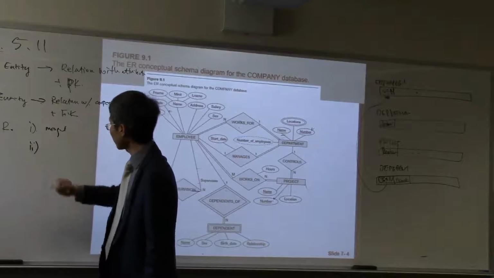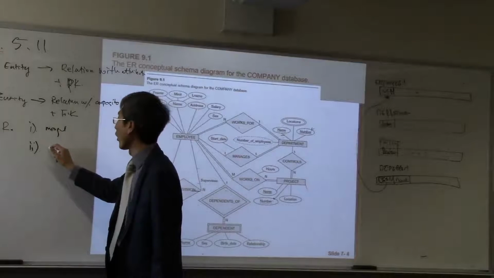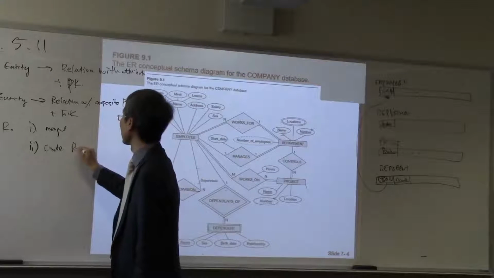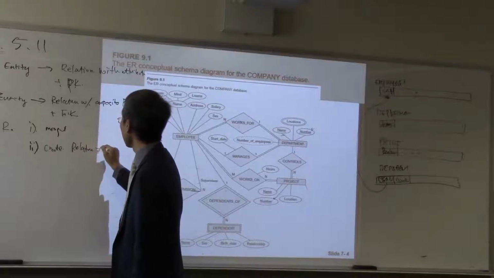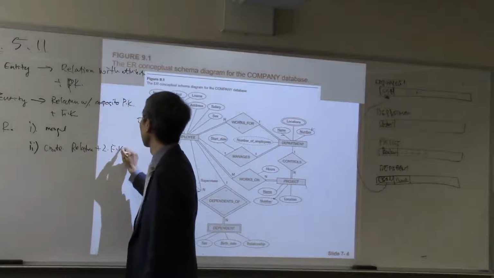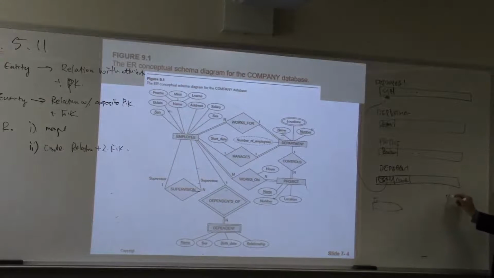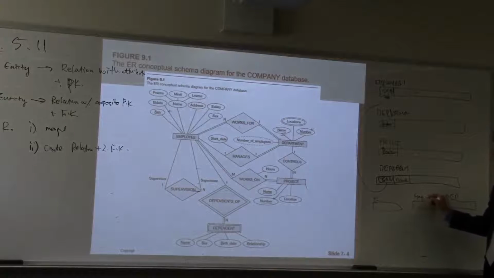Second, create another relation plus 2 foreign keys. What does that mean? We have the employee and department, and we create the manager relation. Then what is the key of this one? SSN, ESSN.